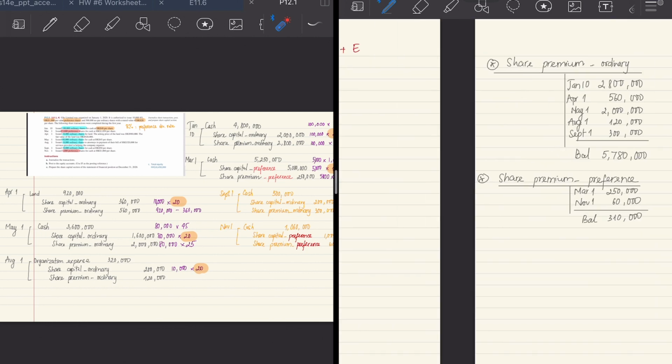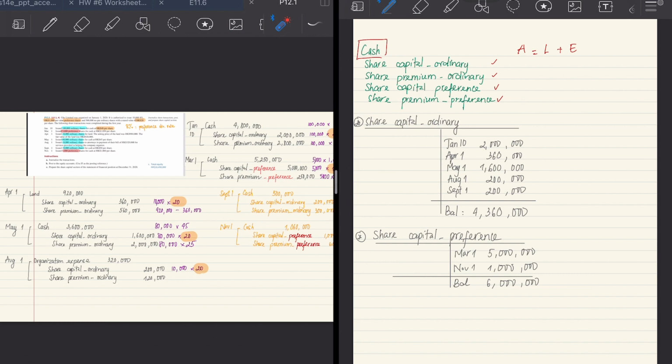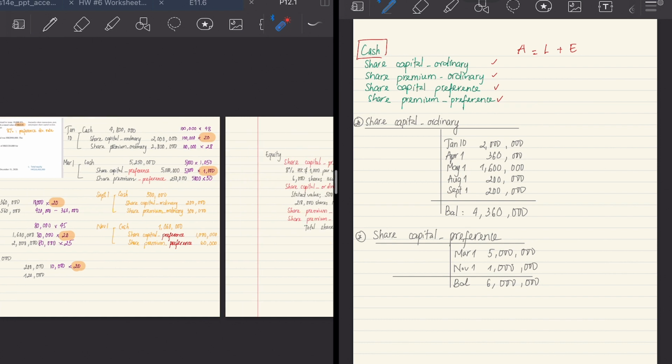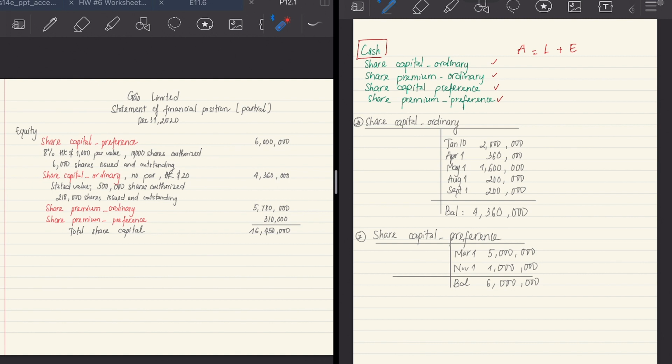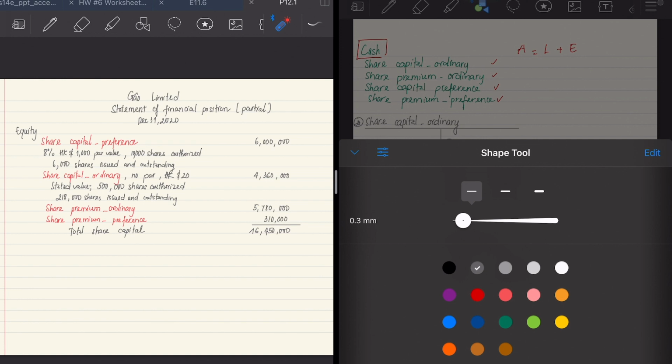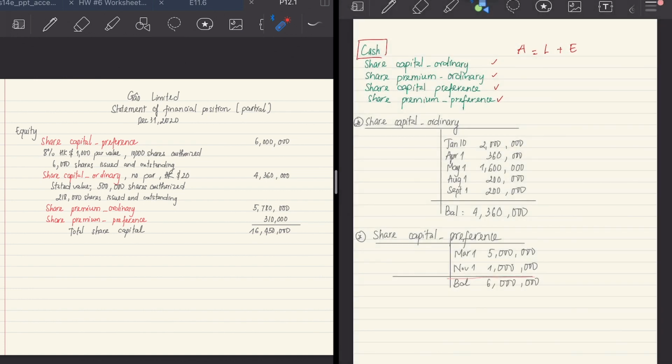Okay, so for the final report, I'm going to pick up those numbers from this T account and put them here. You can double check here the share capital preference. Here I have 6 million. And the second one is share capital ordinary.